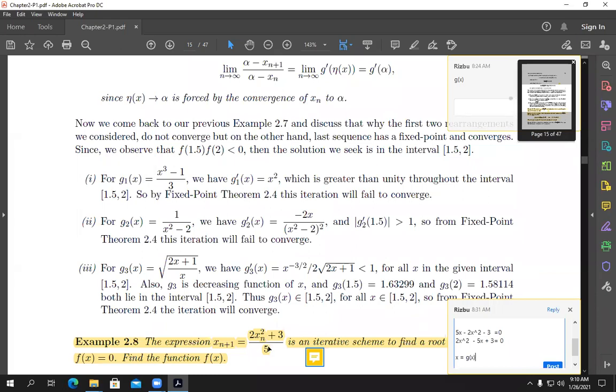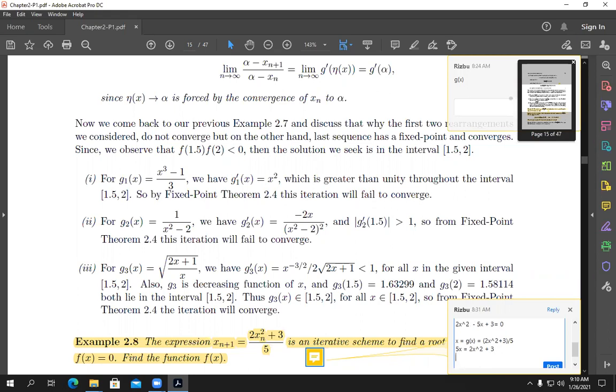What is your g of x? 2x squared plus 3 over 5, right? Cross multiply: 5 multiplied by x. What do you have? 5x equals 2x squared plus 3. And how can you find f? You take everything to one side, making one side equal to 0.